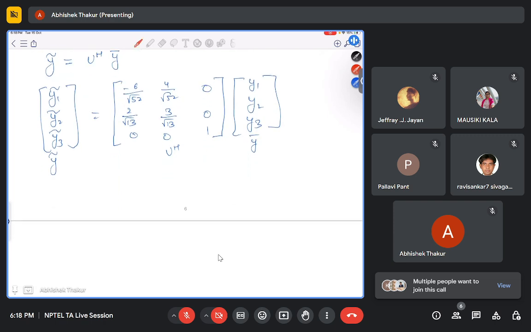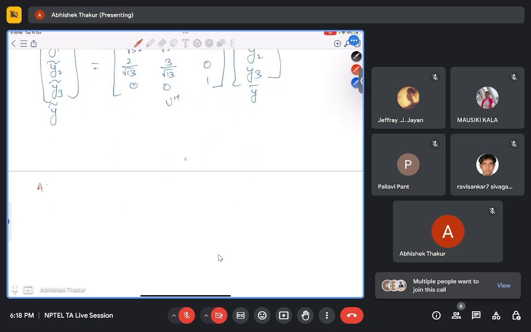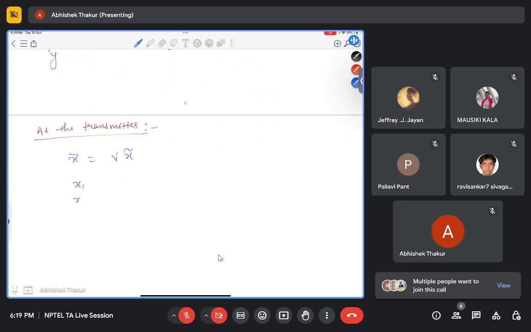Now at the transmitter, x is equal to V x tilde. So this is given as x1, x2, x3.